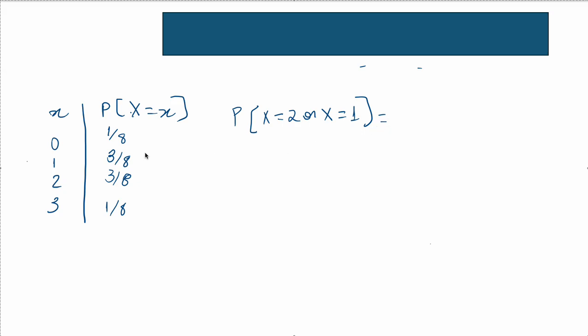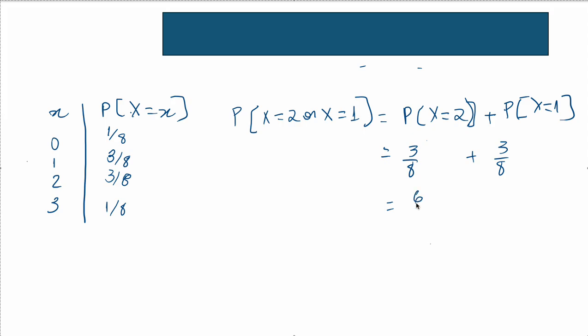So what's the probability of X being equal to 2? Well, the probability of X being equal to 2 is equal to 3/8. Or the probability of X being equal to 1 is actually 3/8. So this is 6/8 or 3/4. Okay?